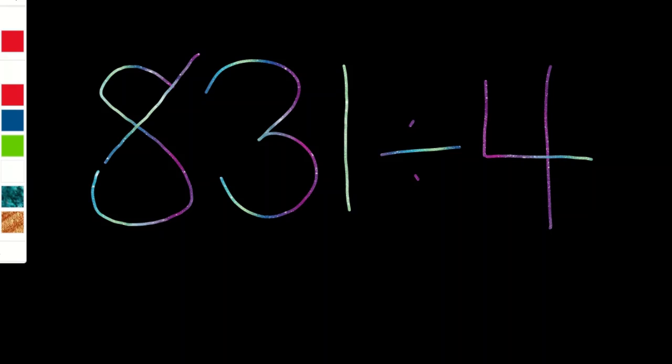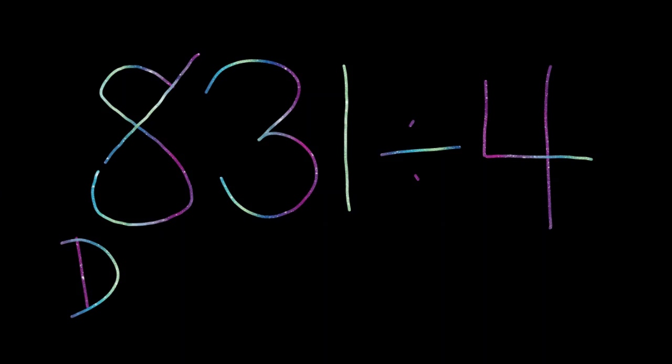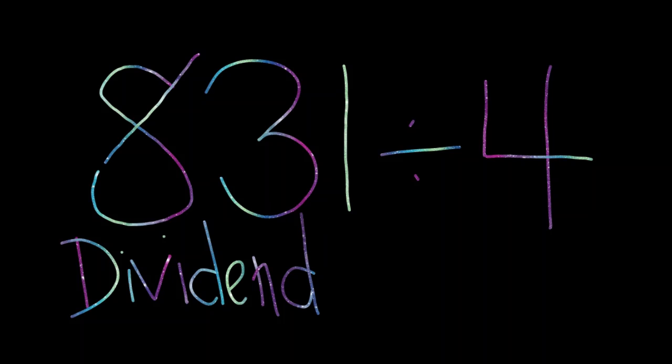The 831 in this problem is going to represent what we call a dividend. It is our total or our whole that we are going to break apart into equal groups. The 4 in the problem is what we call a divisor.